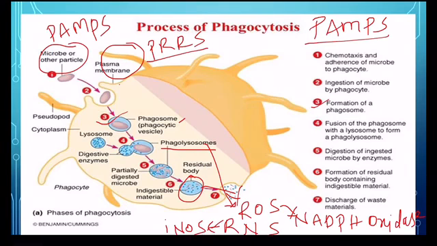Here the killing occurs by oxygen dependent and oxygen independent mechanisms. The oxygen independent mechanism is by means of the enzymes present in them: proteases, phospholipases, nucleases, lysozymes.